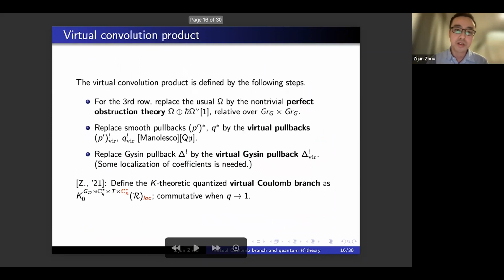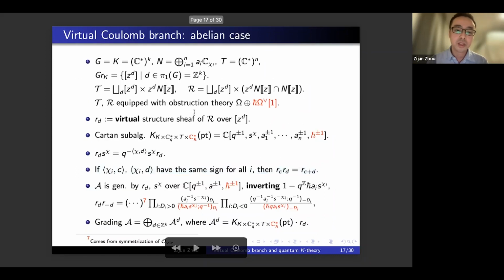And now by this abstraction theory we introduced, in this relation of the virtual Coulomb branch, we see that these denominators show up. Essentially, if you just take the numerator and invert, AI you invert to AI inverse, and for S negative chi, you invert it to S chi.